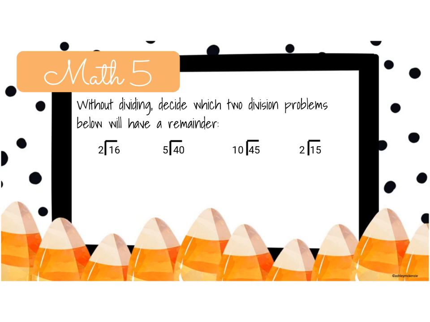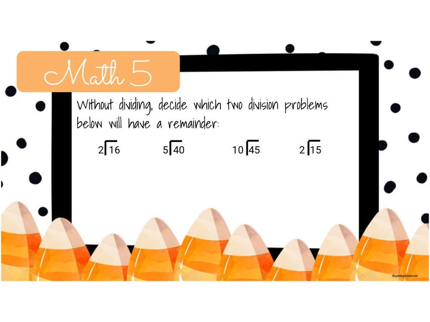Okay, so without dividing, no dividing, put your lids on your markers. Without dividing, decide which 2 division problems below will have a remainder, thinking about those divisibility rules that we just talked about.